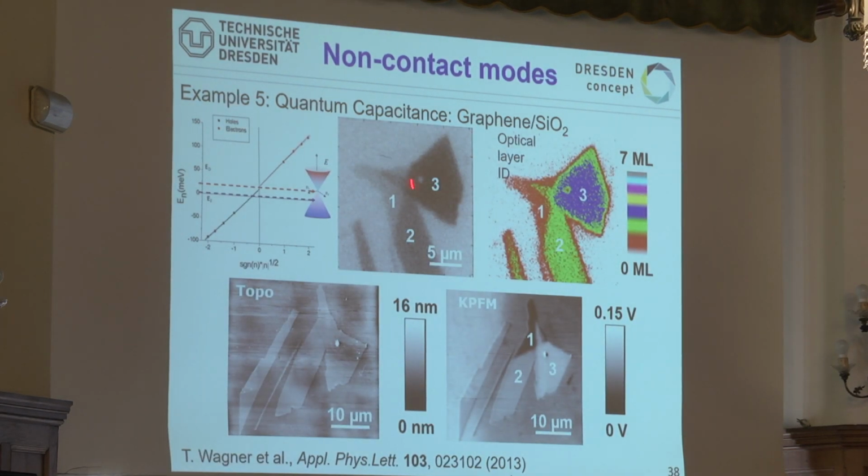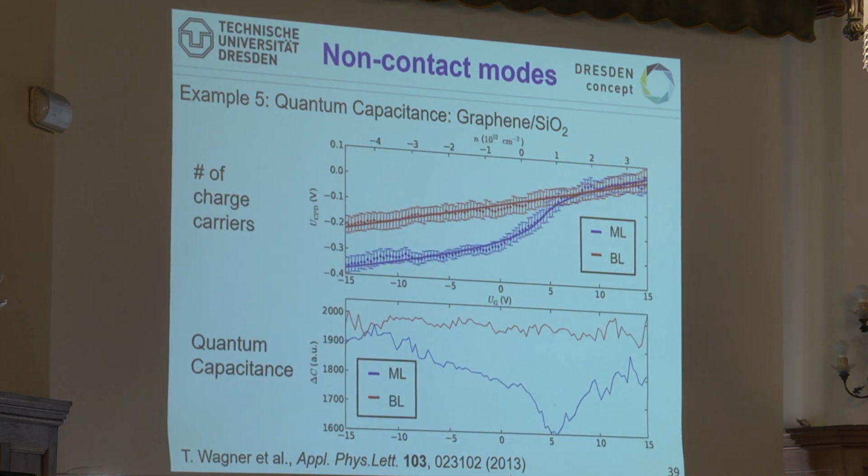We took graphene on silicon; the optical image lets us really differentiate 1, 2, 3 layers. In the topography, it looks like this. In the Kelvin, it looks like this, where we see a potential difference of 150 millielectron volts between the first and the third layer. Then we took the quantum capacitance between the first layer, blue, just a monolayer, and a bilayer.